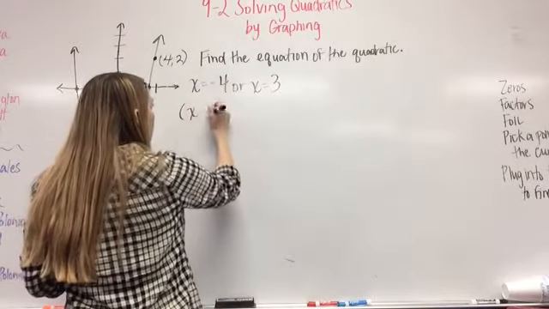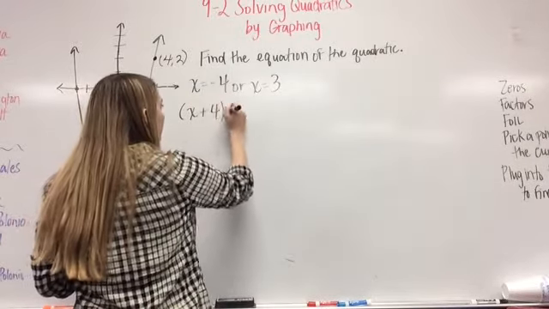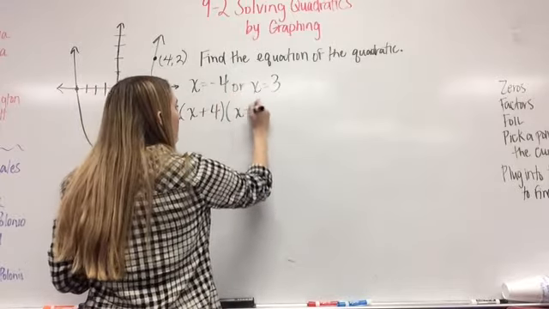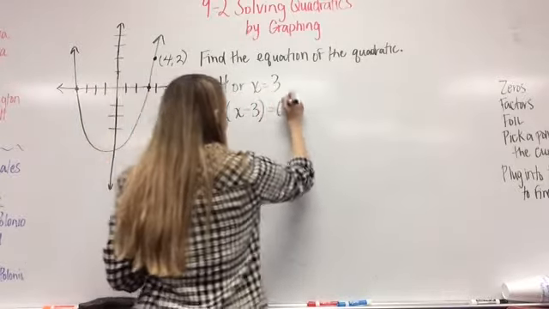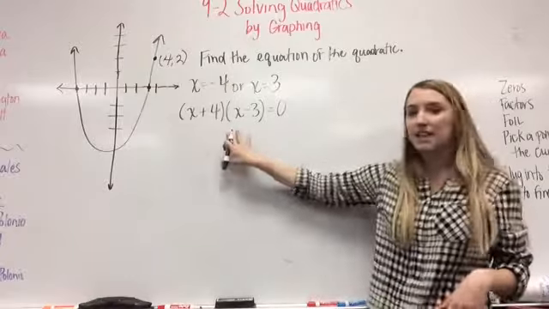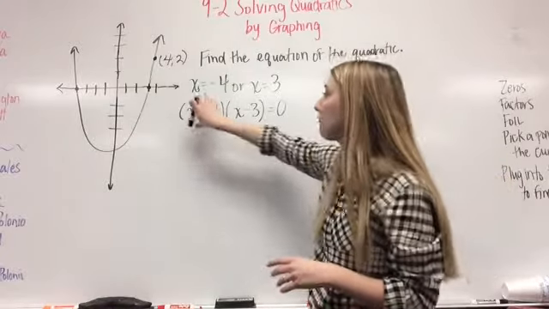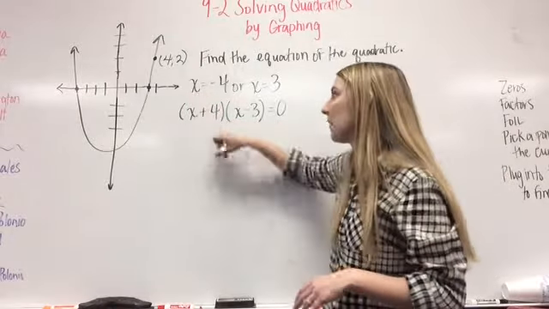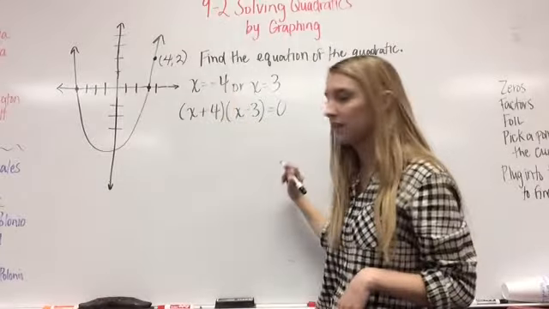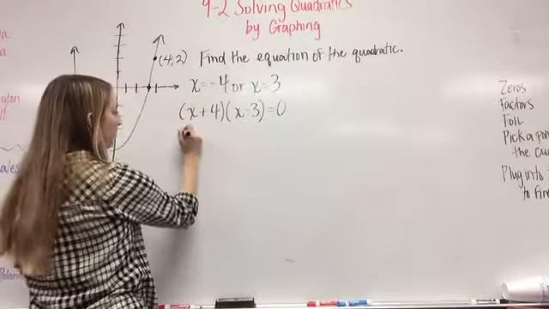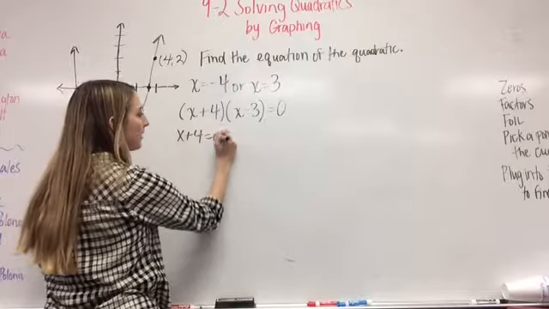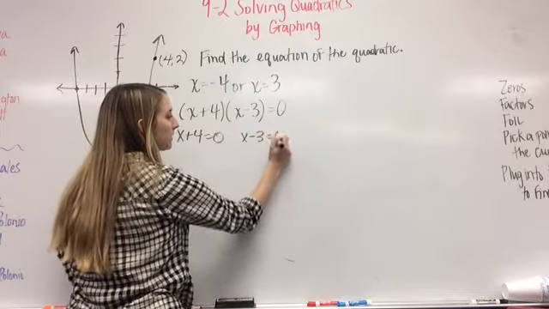So remember, that was when we had something that looked like this. And I write it like this for a reason, because our factor, when set equal to 0, has to give us our solution. So just to illustrate, remember we had x plus 4 equals 0 and x minus 3 equals 0.